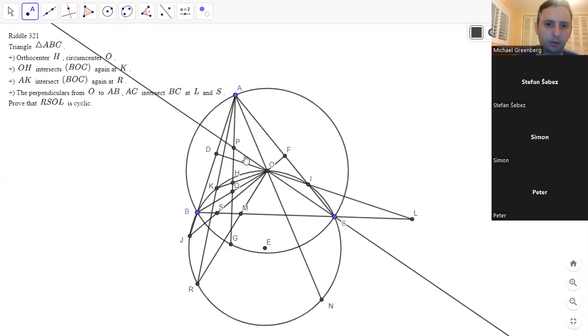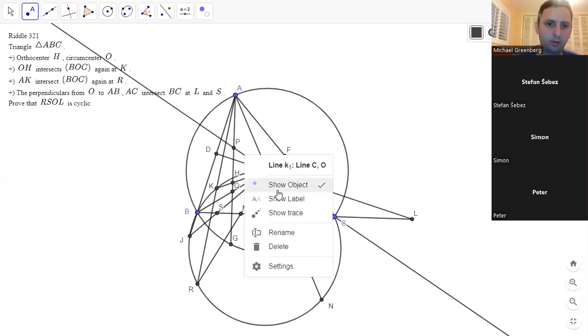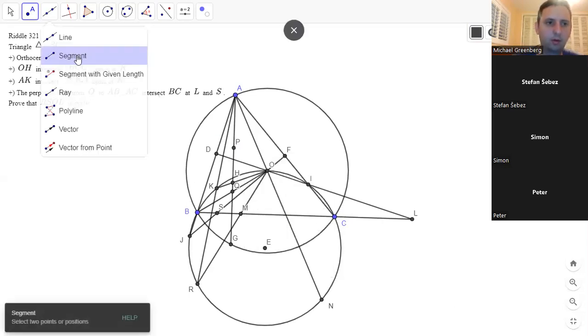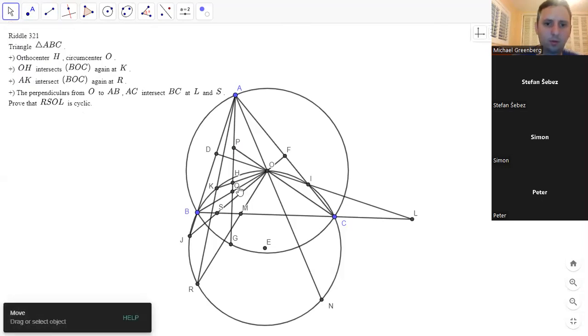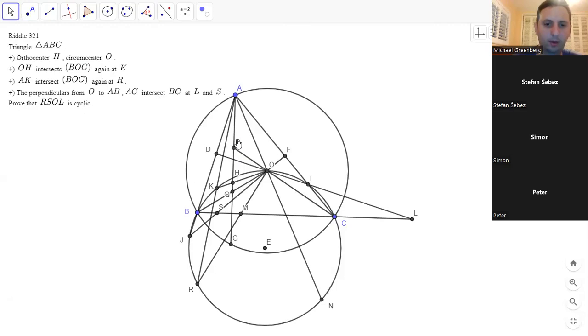So POQ is isosceles. Then we would have PQ, we'd have to draw PQH in this point.